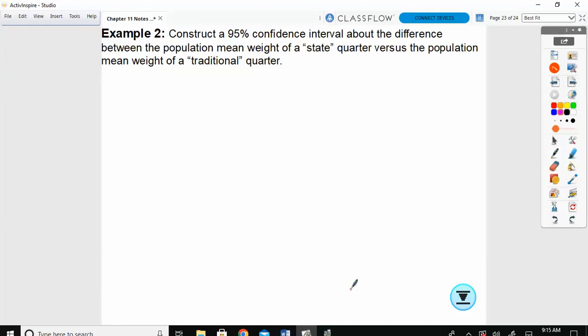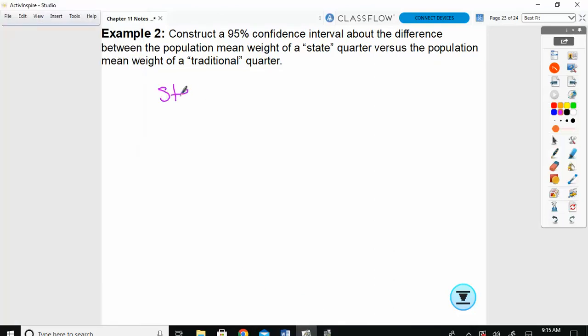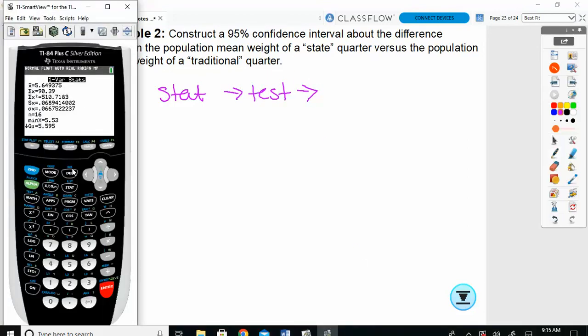So let's say I wanted a 95% confidence interval between the means for these two quarters. On our calculator, we will go to Stat, Tests. We know if we're dealing with a mean, we need to be looking at a t-value.